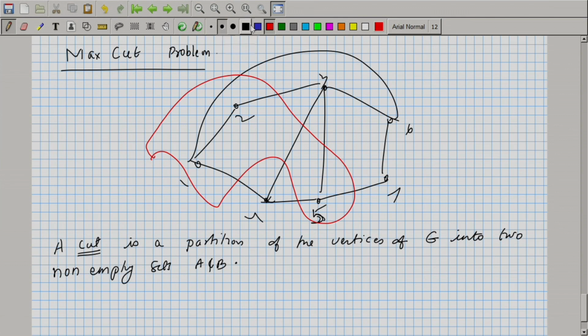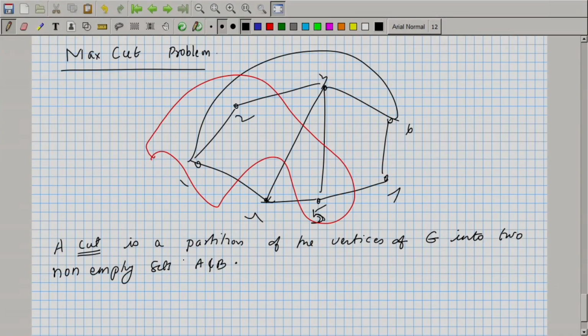Now, if you look at the edges of the graph, there are some edges which lie completely inside one portion, there are some which lie completely in the other portion, and then there are edges which go from one side to the other. For example, if you look at the edge 1, 4, okay, so 1, 4 is an edge which crosses the cut. That means one of the vertices of the edge is in A and the other is in B. These are what are called cut edges.